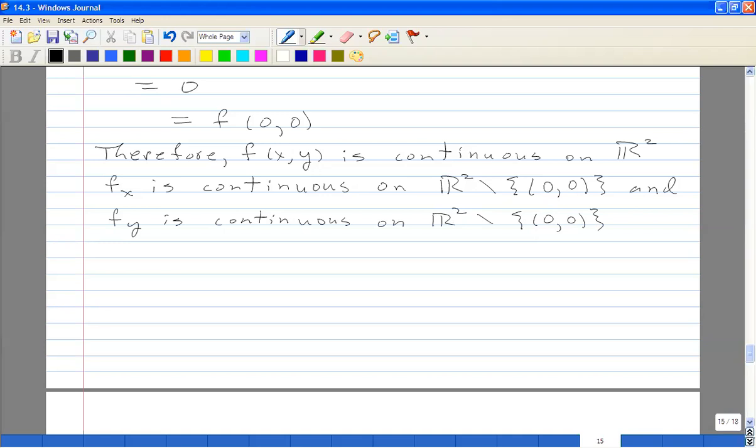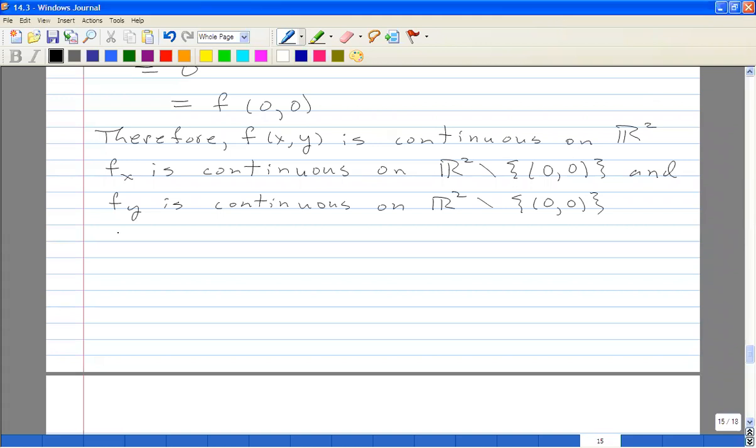Okay, so let's look at the partial of f with respect to x at 0, y.